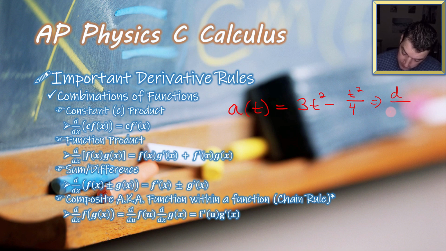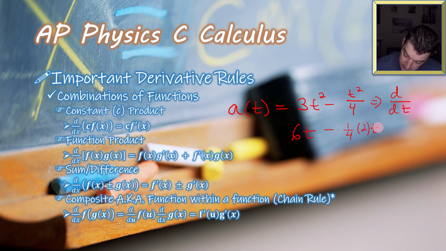The derivative in terms of the input t is going to be constant times the power. So that's 3 times 2, which is 6t, minus a constant 1/4 times 2 times t. 1/4 of 2 is 1/2.